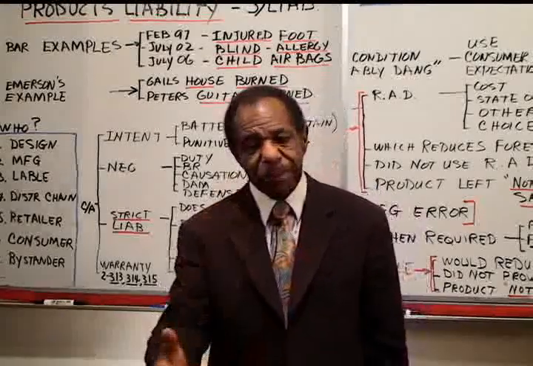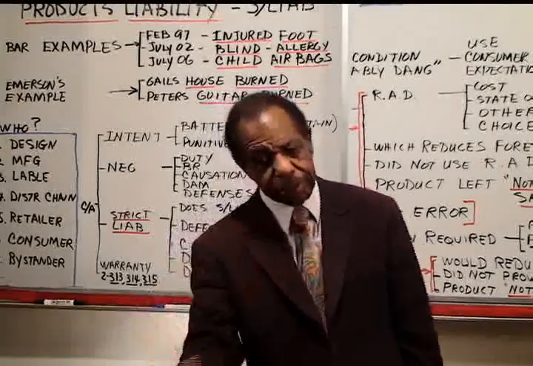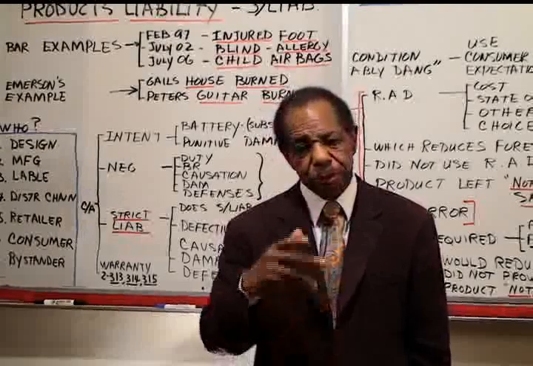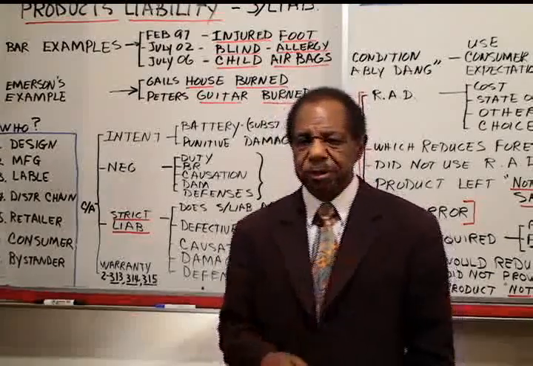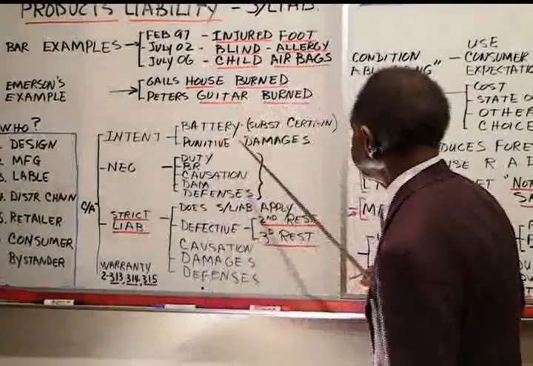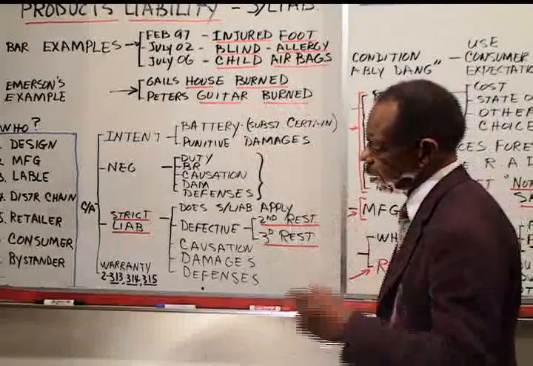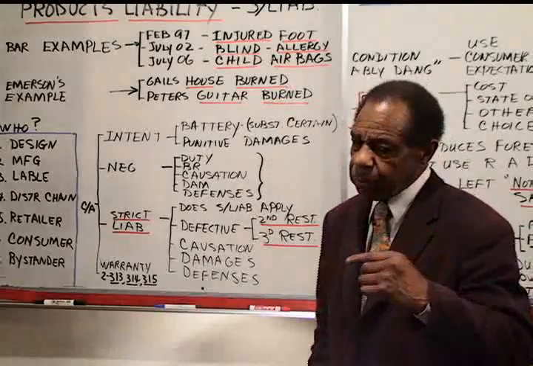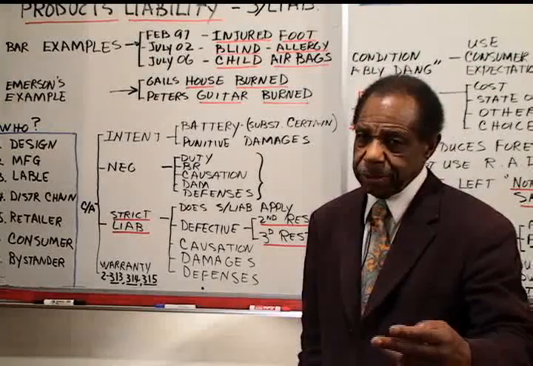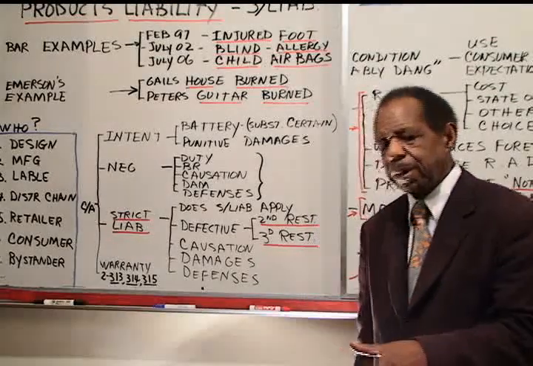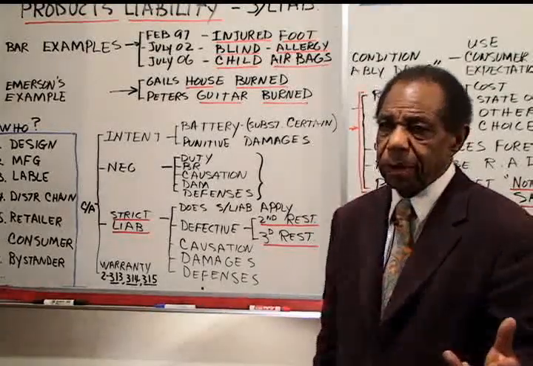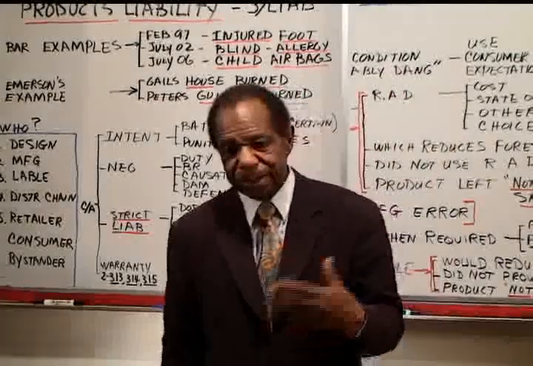I have to think about the way they may be injured and try to do things in my design to not expose them to unreasonable risk of harm. The point I'm making here is that it's not always the purchaser who may get injured. In the case of the child in the passenger seat, it's not the purchaser at all, but the child is still in the passenger seat and may get injured.